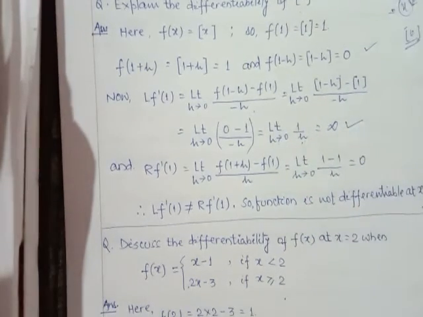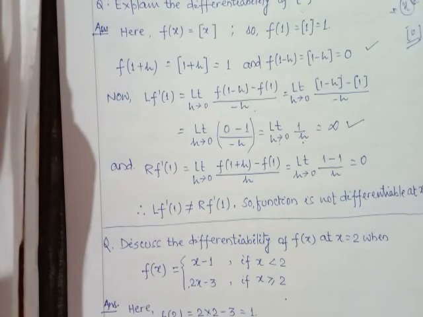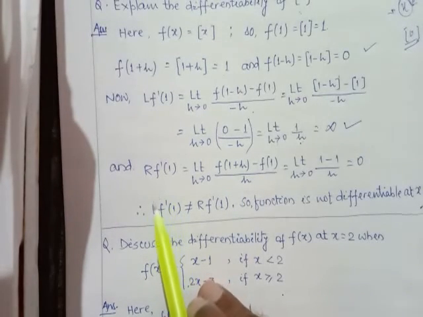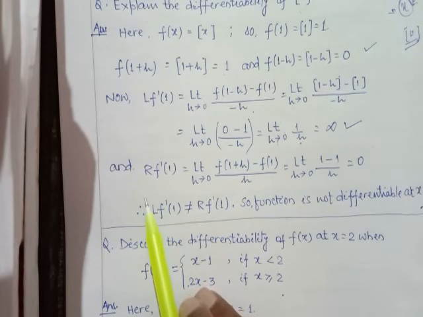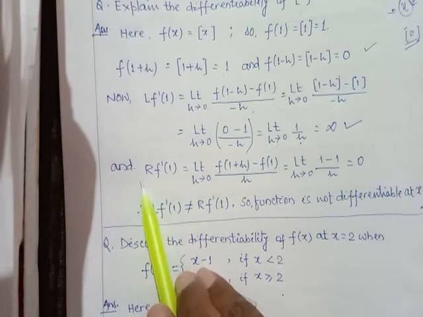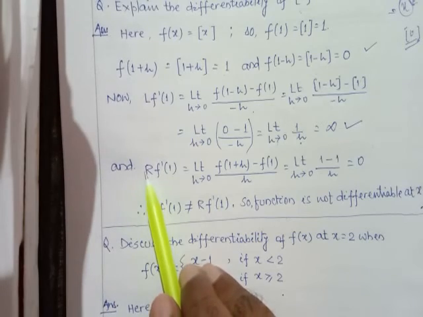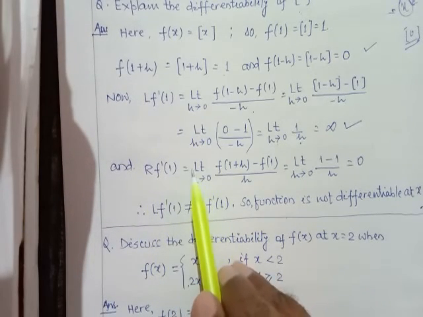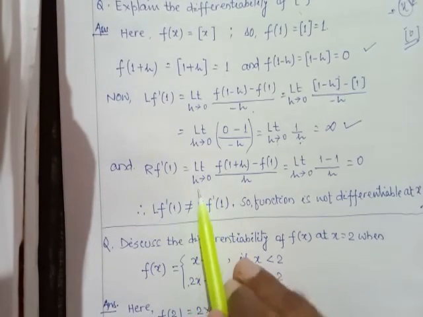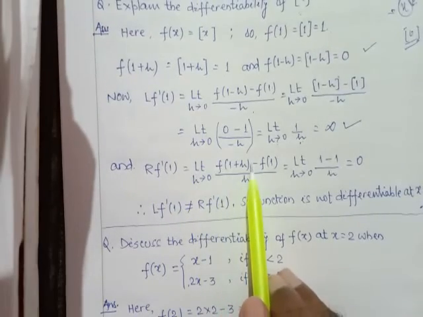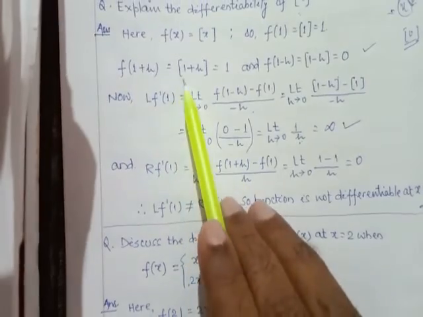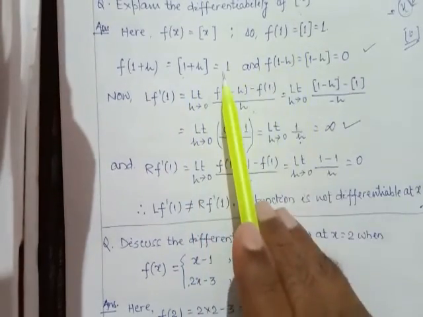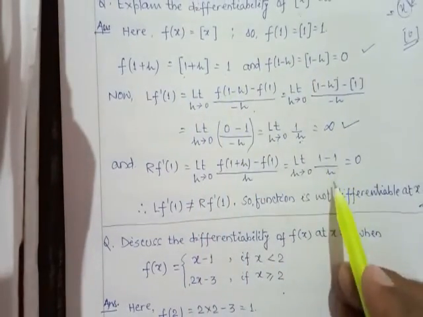Similarly calculate the right hand derivative. In the right hand derivative, write down the formula first. Rf'(1) is equal to limit h tends to 0, f(1 plus h) minus f(1) by h. Write down their values, which are already obtained: 1 minus 1 upon h, that is 0 upon h, and 0 upon anything is 0.